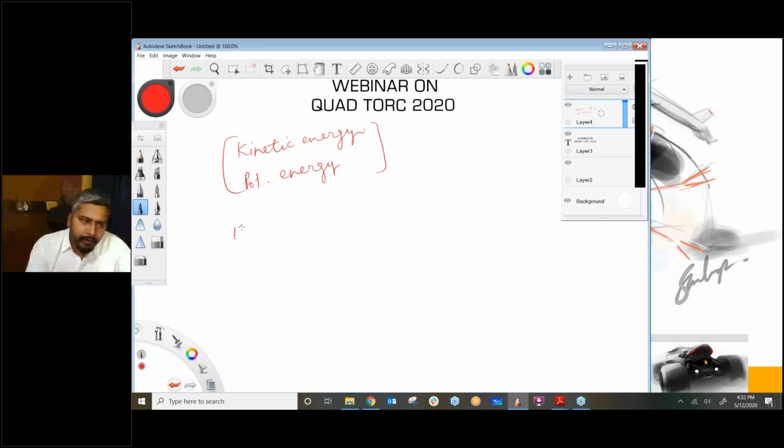Heat energy is mc delta T, where m is the mass, c is the specific heat coefficient, and delta T is the rise in temperature, rise in temperature of the brake rotor actually.